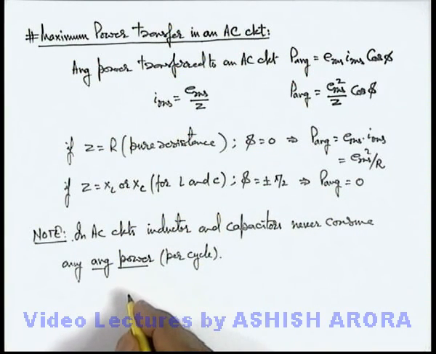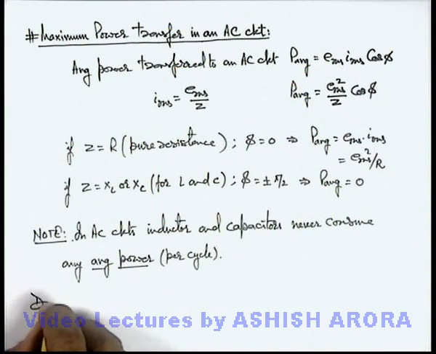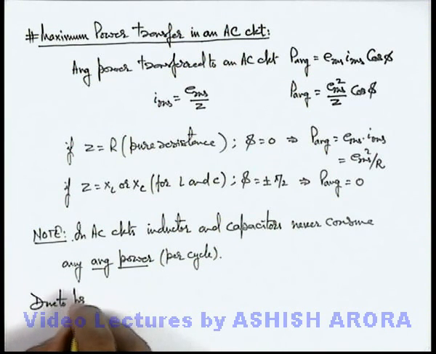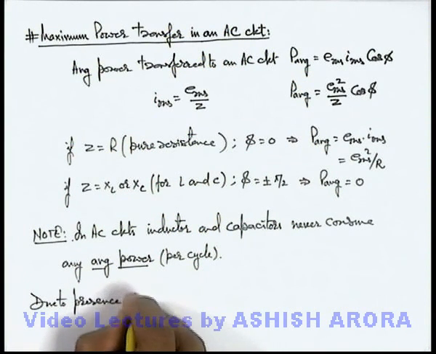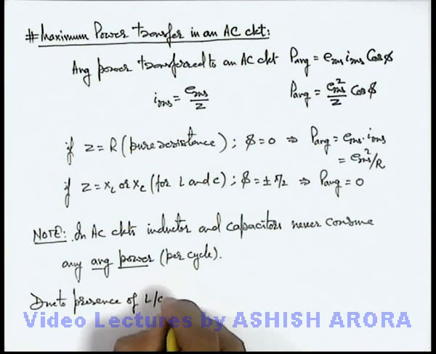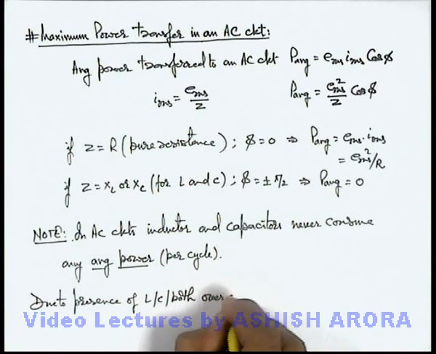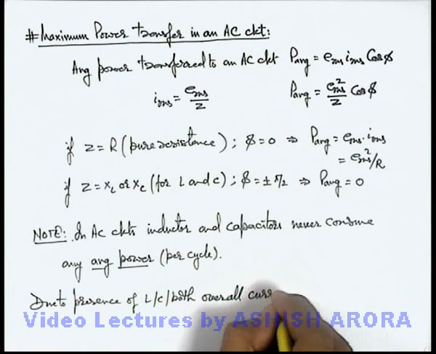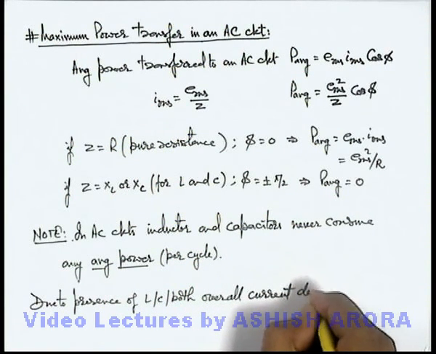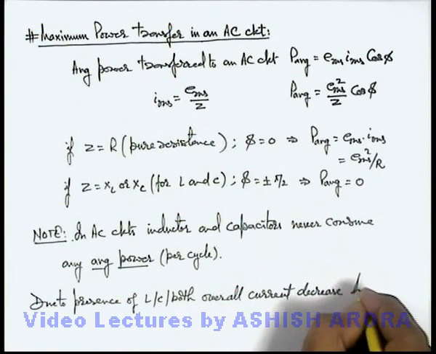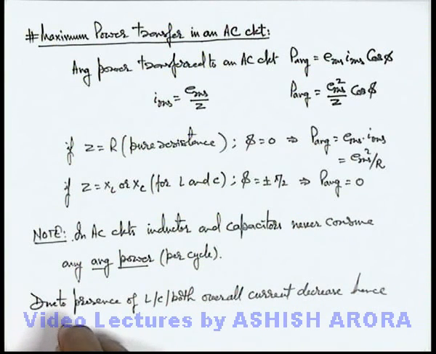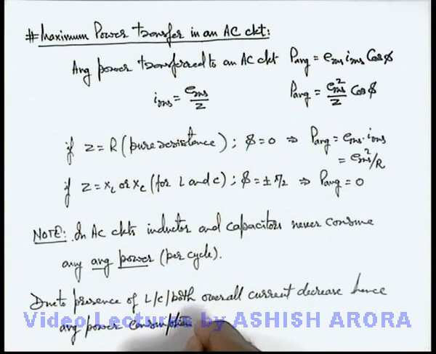So here we can write: due to presence of L or C or both, overall current decreases and average power consumption also decreases.